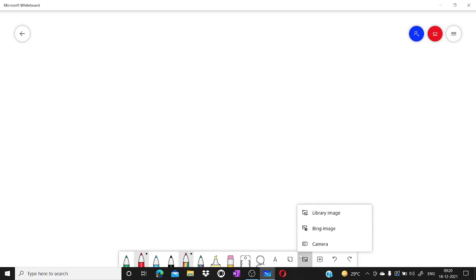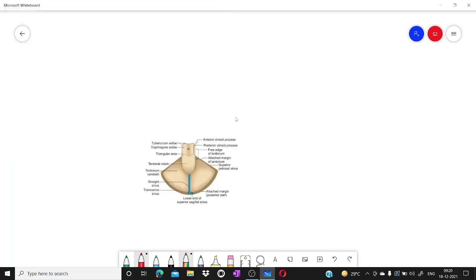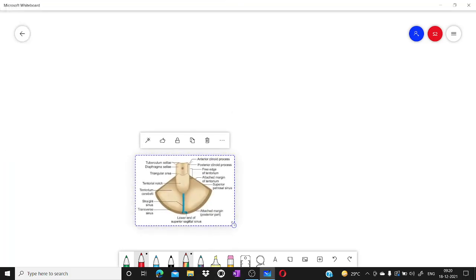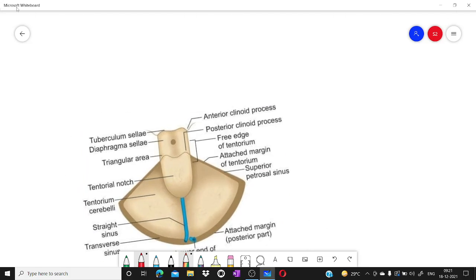Another picture. In this we are able to see the free margin and attached margin of the tentorium cerebelli. So this is the U-shaped part. This is the free margin or the anterior part of the tentorium cerebelli.